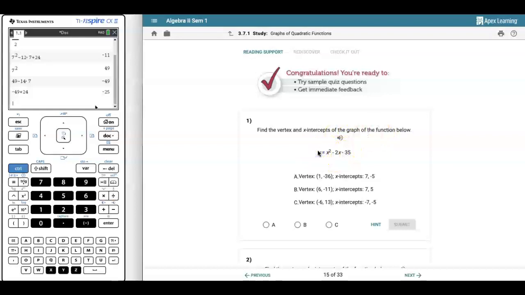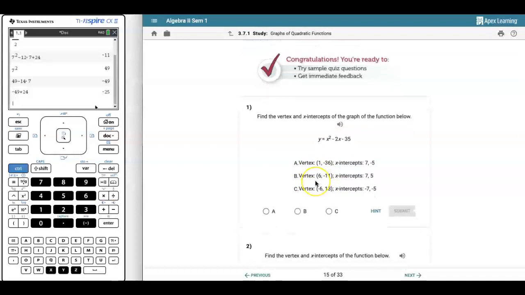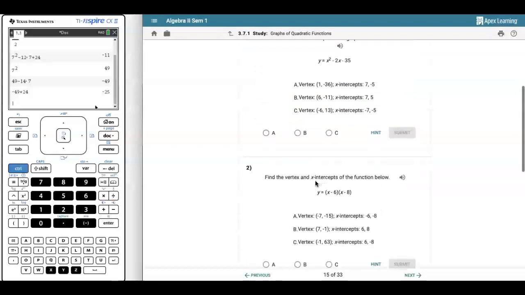We've got to factor. We've got to use our 0 product rule, find our x values. Those give us our x-intercepts. From there, we've got to find our halfway point for our x-intercepts, the x-coordinate of our vertex. And then we plug our x-coordinate back in to our equation and we get our y-coordinate for our vertex.